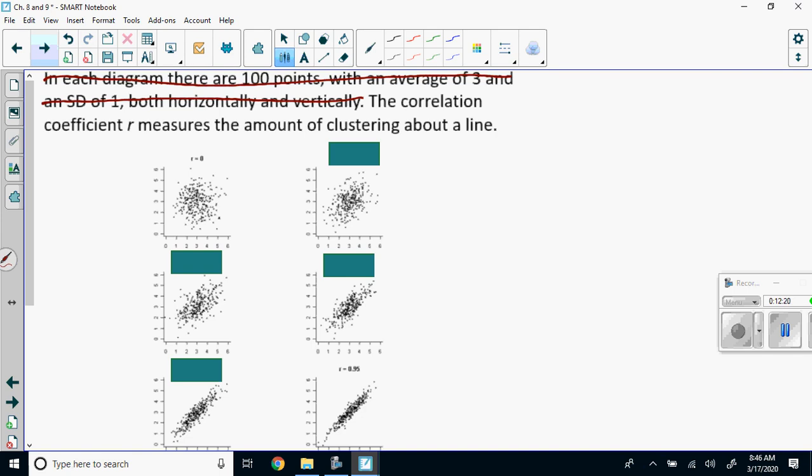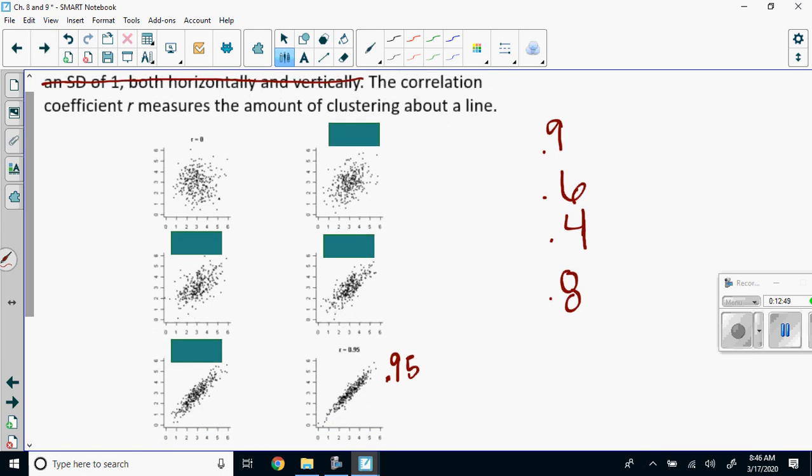Okay, so we've got 0.9, 0.6, 0.4, 0.8. Oh, that's funny. I should probably look when I write on the board. And it tells us this one is 0.95. If you printed that out on 6 per slide, that's probably pretty hard to read. So that's a 0.95 correlation, meaning it's almost perfectly one, or almost a perfectly straight line.